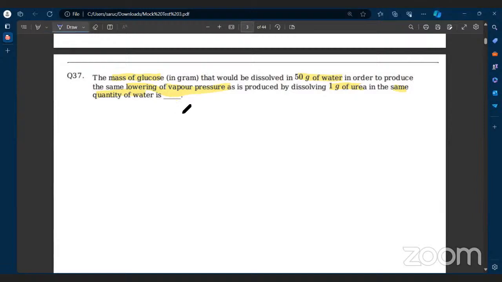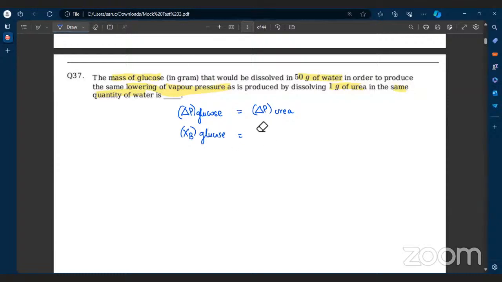So I'm going to equate the lowering of vapor pressure of glucose to the lowering of vapor pressure of urea. We know that the lowering of vapor pressure is equal to the mole fraction of solute, so the mole fraction of glucose is equal to the mole fraction of urea.